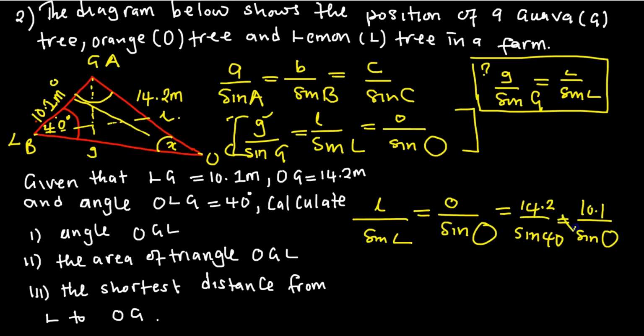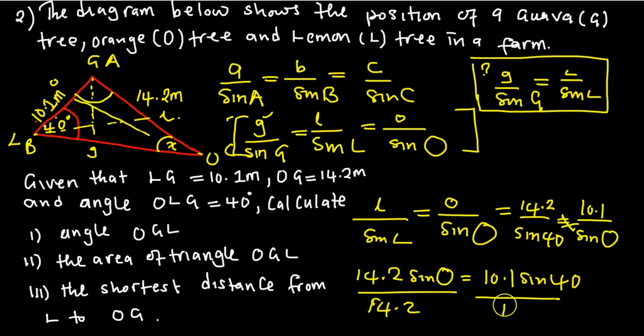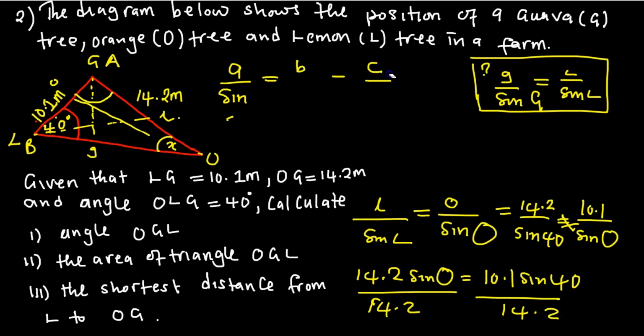We can cross multiply at this point. We are going to have 14.2 sine O equal to 10.1 sine 40. We want to find sine O, so divide both sides by 14.2.